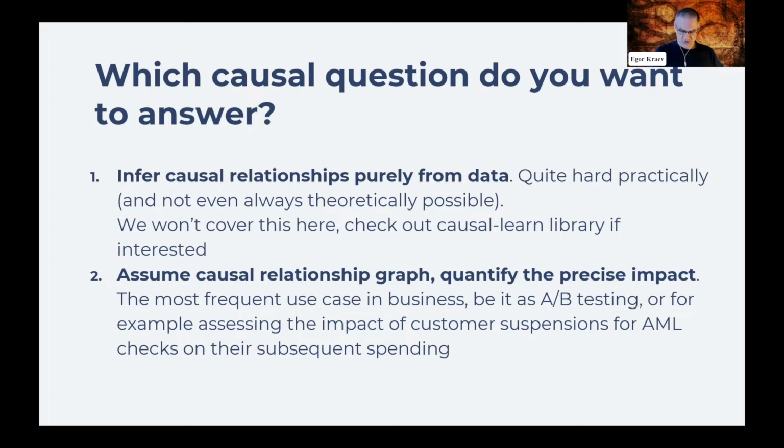And we have full control, for example, on how we assign the treatment. It could be randomized, it could be biased according to some features of the customer, whatever. But we have full control over the treatment, and we assume that the customer behavior is affected by whether we treat them or not, whether we send them a marketing email or not. And in that case, we want to know by how much and in what direction.